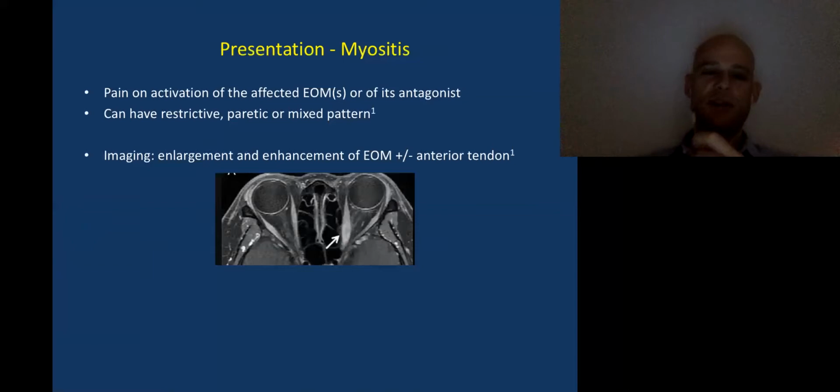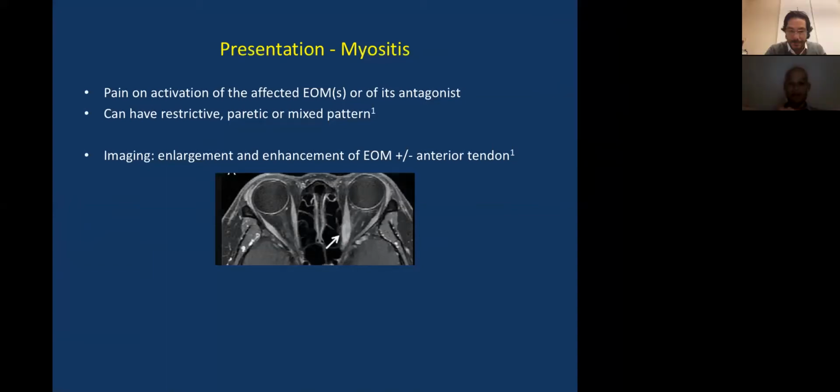Okay, sure, no problem. So on imaging, what you'll typically see is enlargement and enhancement of the extraocular muscle. So the muscle that's affected will be more voluminous and will enhance with contrast, but the anterior tendon does not always have to be involved.